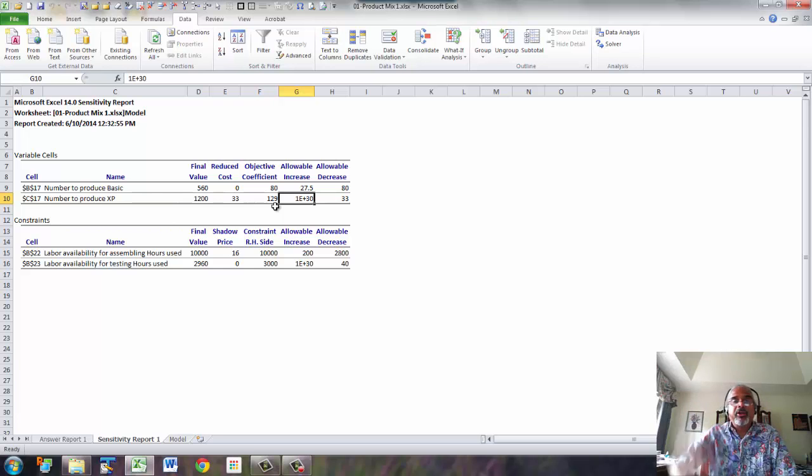There is no upper limit. On the downside, the allowable decrease is $33, so it can go down to 129 minus 33. Within that range, the final values for the two decision variables will not change. It will be 560 and 1200. So that is the sensitivity for the objective function.